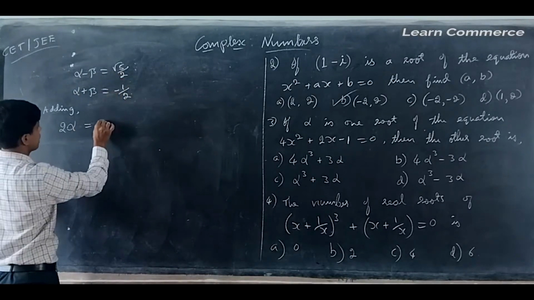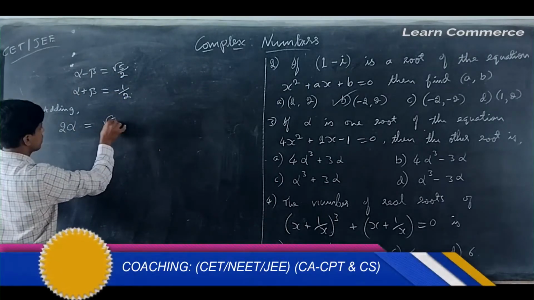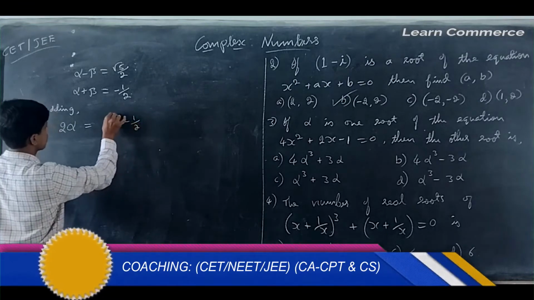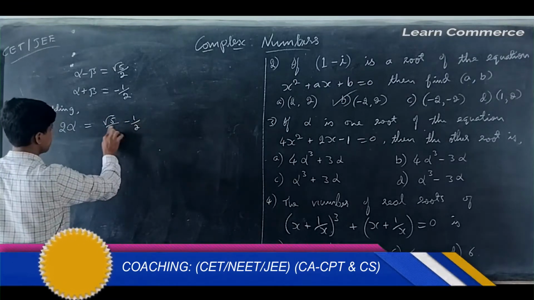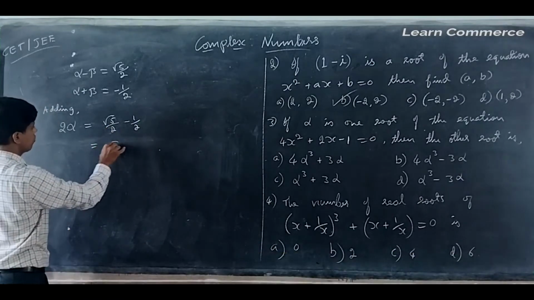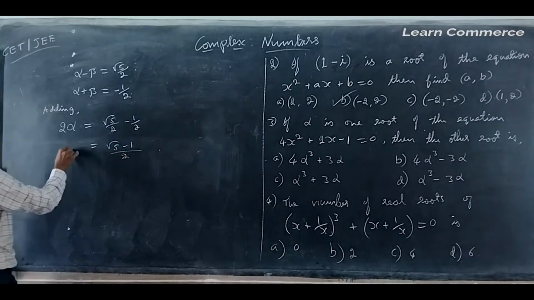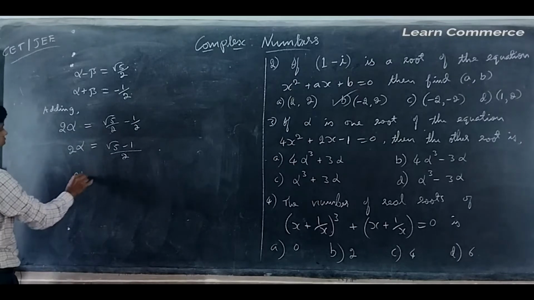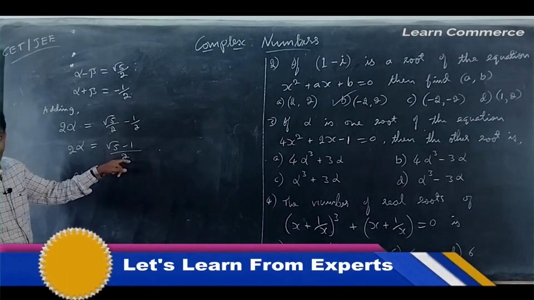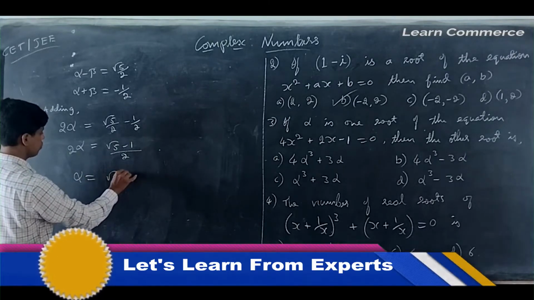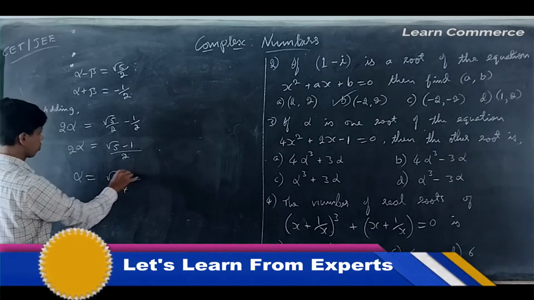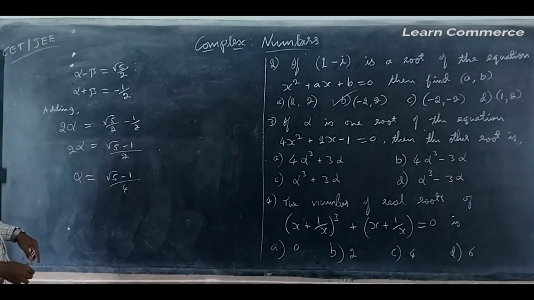And I should add root 5 by 2 and minus 1 by 2. So that is root 5 minus 1 whole divided by 2, and that is 2 alpha. Therefore alpha is, 2 must be divided, don't cancel, root 5 minus 1 divided by 4. That's your alpha.